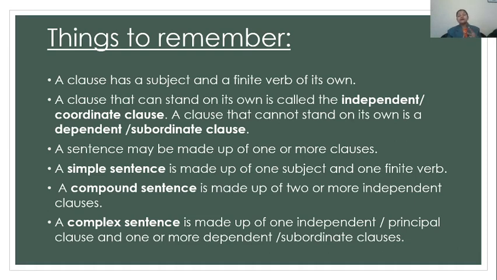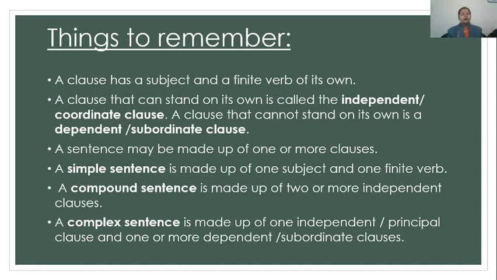After that we studied the types of clauses, the independent or coordinate clauses and dependent or subordinate clauses. After that we studied that a sentence may be made up of one or more clauses. The number of clauses present in a sentence decides whether it is a simple sentence, compound sentence or complex sentence.